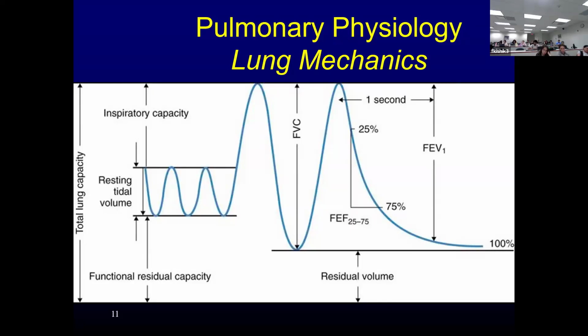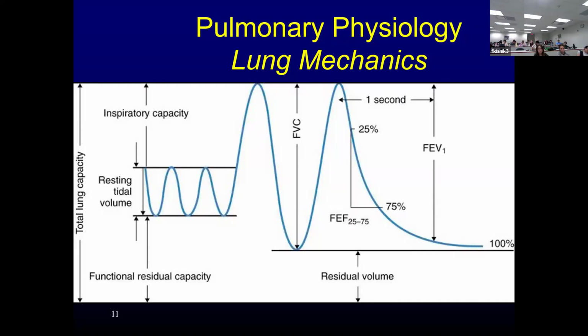The volume that you exhaled out in the first second of this maneuver is called FEV1, forced expiratory volume in 1 second. Another way, I can say FEV1 is 80% of your vital capacity.